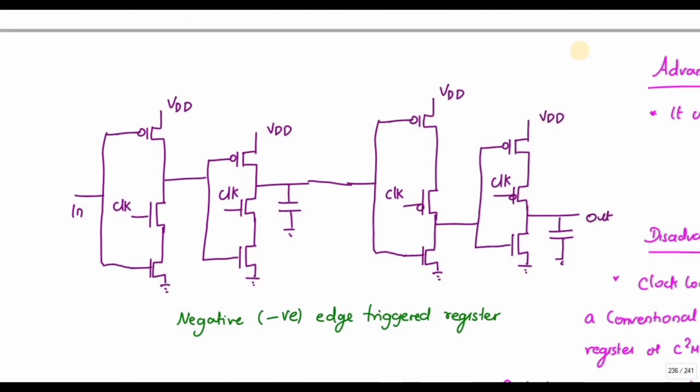So next I'm going to implement the negative edge trigger register. So this is nothing but the positive latch, which we have already seen, and this one is nothing but a negative latch.